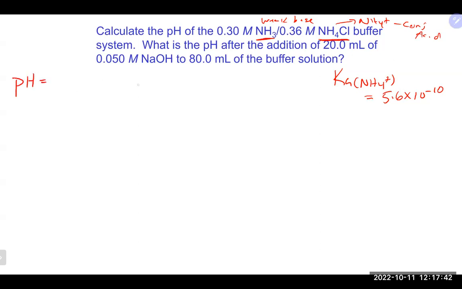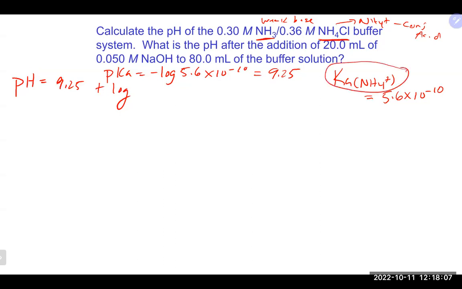So we want to calculate the pKa value here, which would be minus the log of 5.6 times 10 to the minus 10. That gives us 9.25 plus the log. The base here is the NH3, which is the weak base. If you weren't sure, that is a Ka, which means that's an acid, so that would be the acid part.